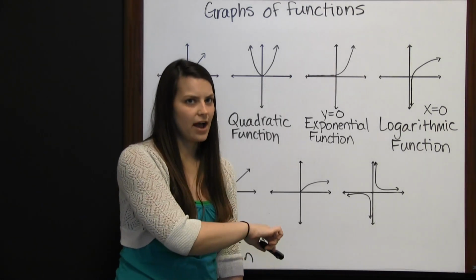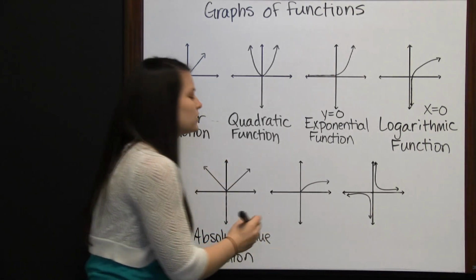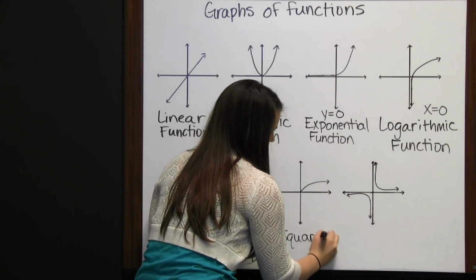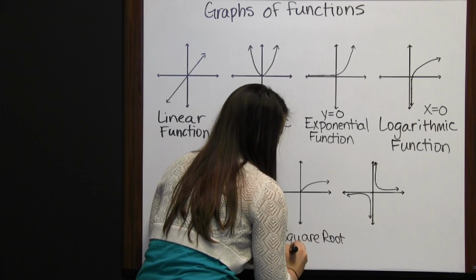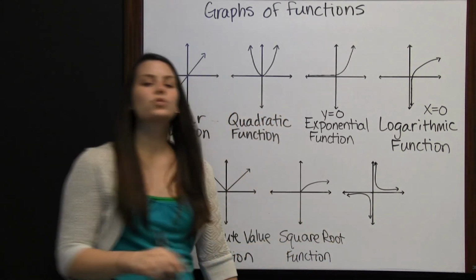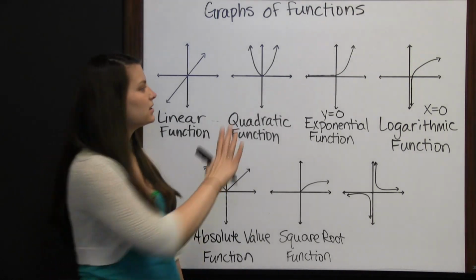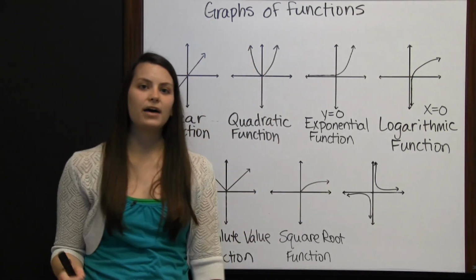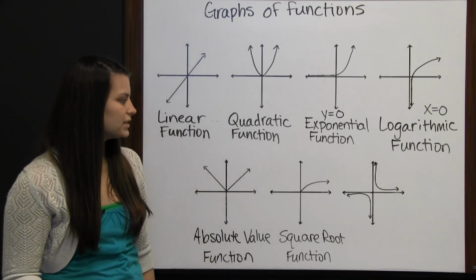This next graph is the graph of a square root function. And a square root function is a parabola turned on its side, and it's just the top half of the parabola turned on its side.